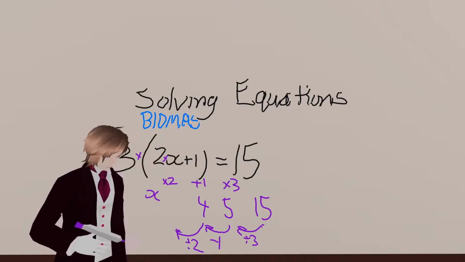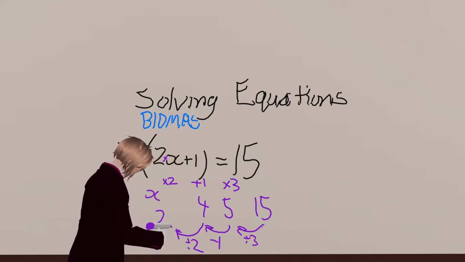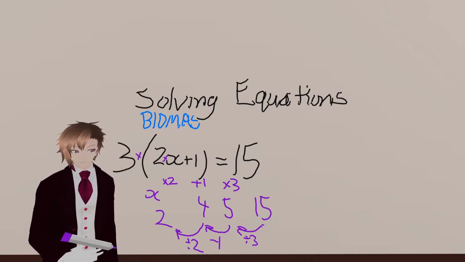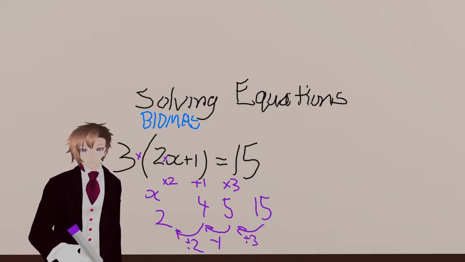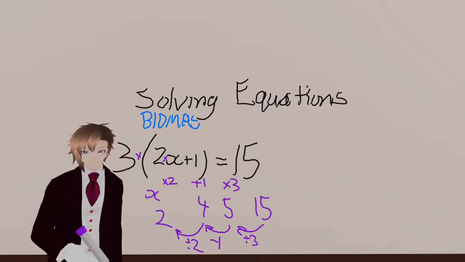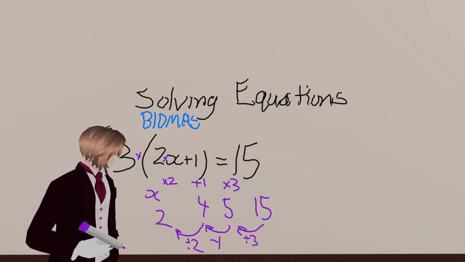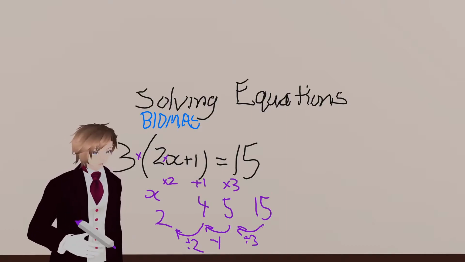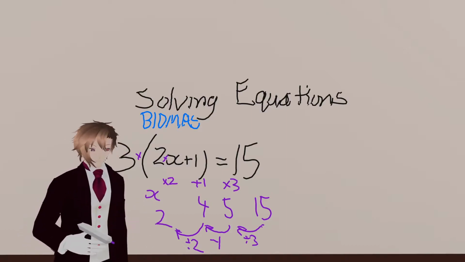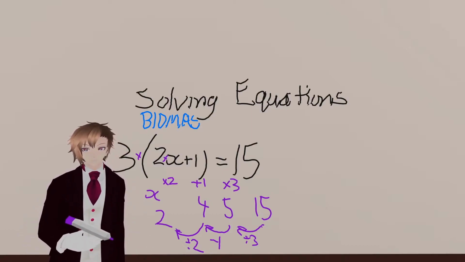And 4 divided by 2 is 2. Turns out x is equal to 2. So that's how we would find what x is.